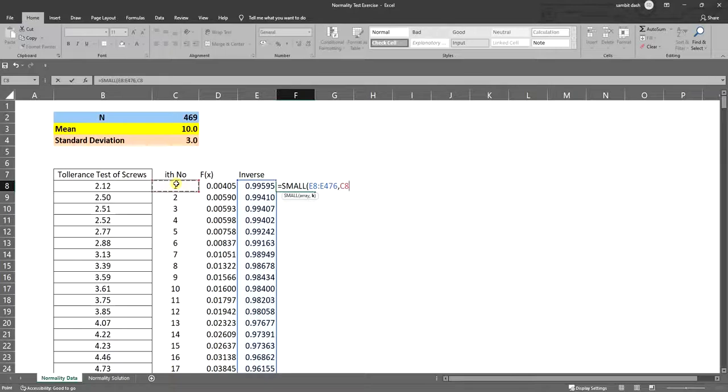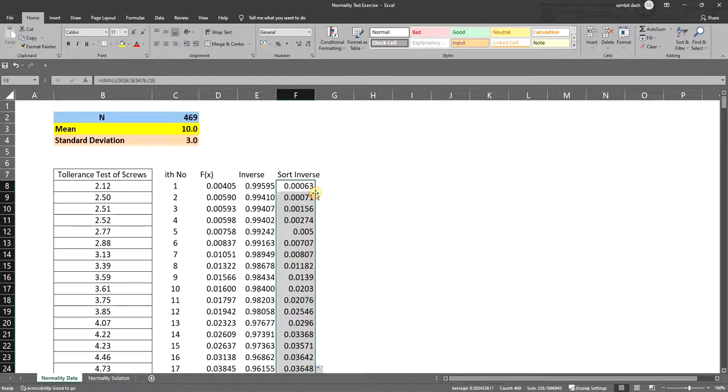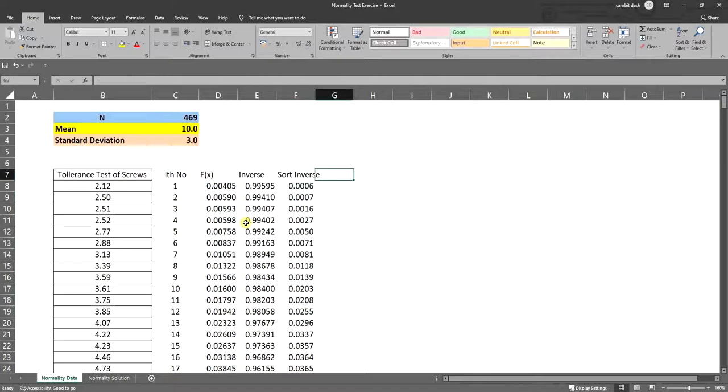And we need the first smallest number here, but we need to freeze this accordingly. See, all these things are so complicated only because Minitab does it very simply for you. You may not have done it till now. So sorted inverse, right? And once we have this sorted inverse, we have more or less everything in place.